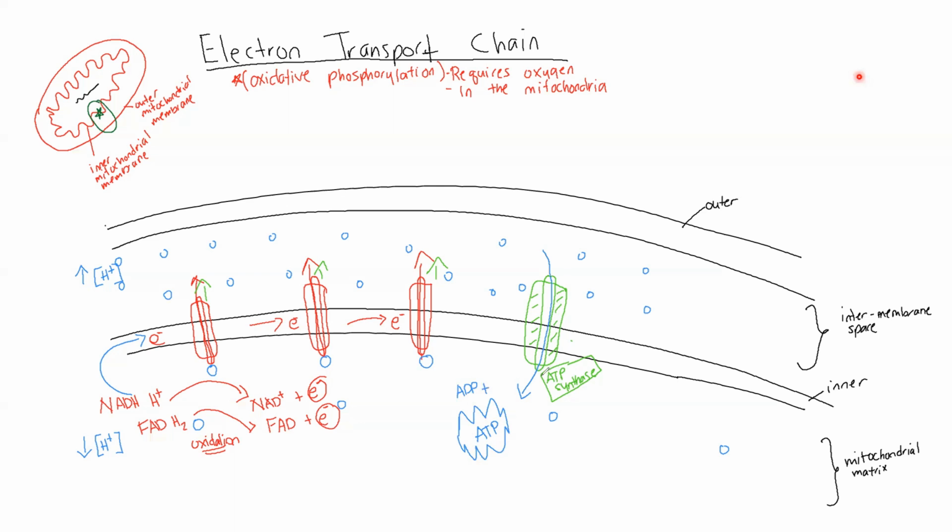And then the energy that's yielded here is going to add a phosphate group onto the ADP, and we're going to yield ATP. Now, the amount of ATP that we yield is going to be what is probably the most important part here. So we're going to yield 34 ATP per glucose.